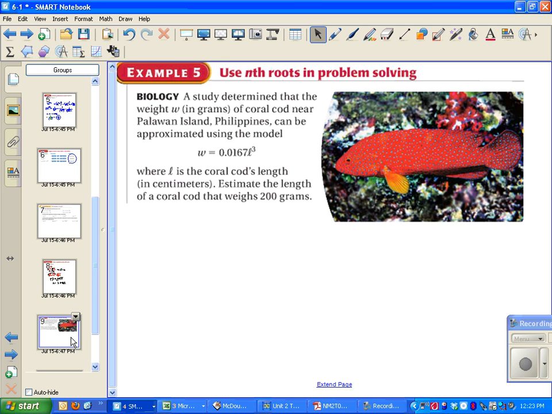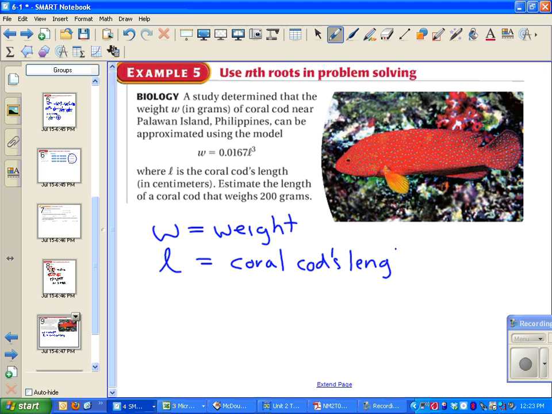Okay. So pause, read the word problem, and figure out what's going on. Okay. All right, so let's see. W is equal to weight. And then L is the coral cod's length. Okay.